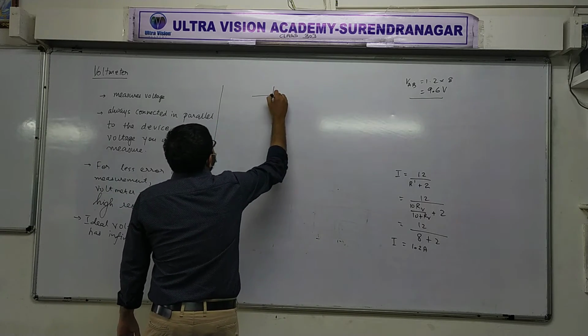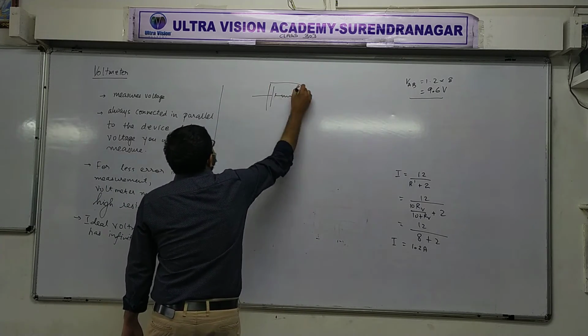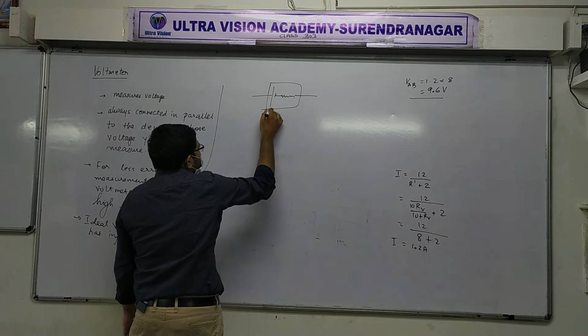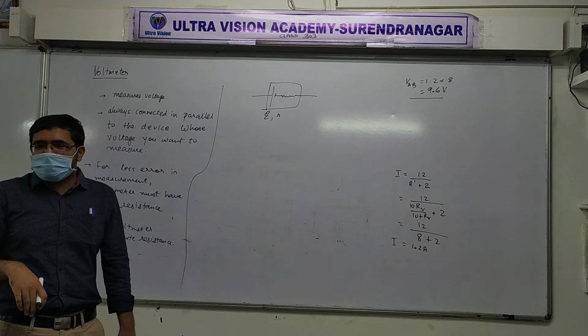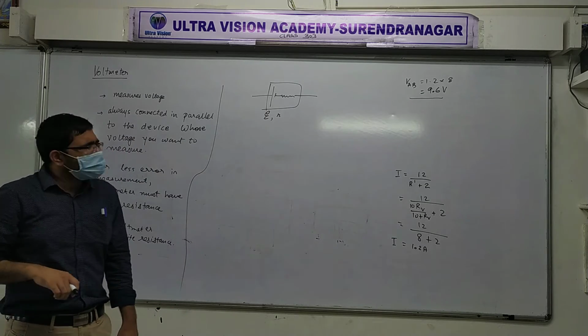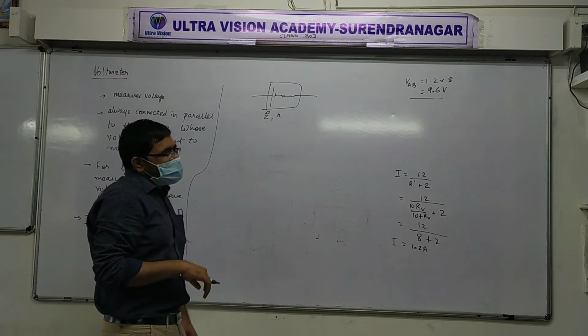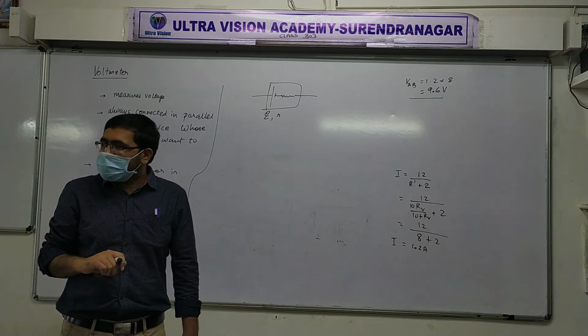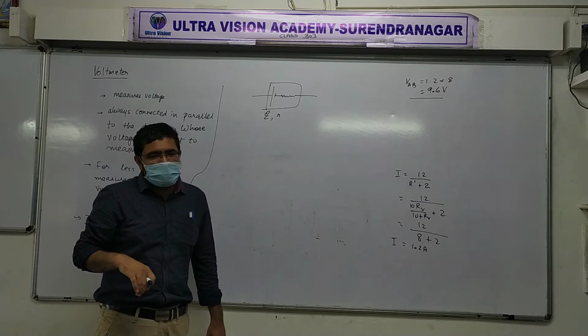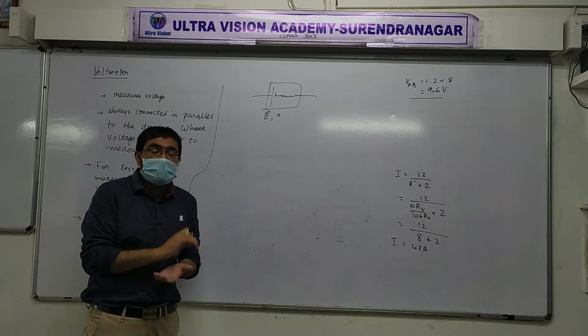Suppose this is a cell. You know, all real cells have some EMF and some internal resistance. Suppose I want to measure its EMF. What do I want to measure? EMF. Okay. What device have we studied that could measure the EMF of a cell?